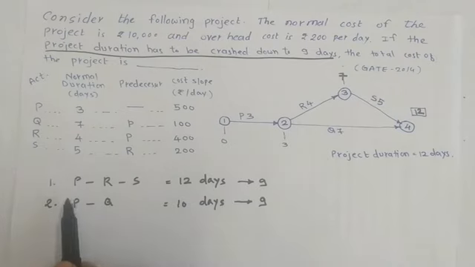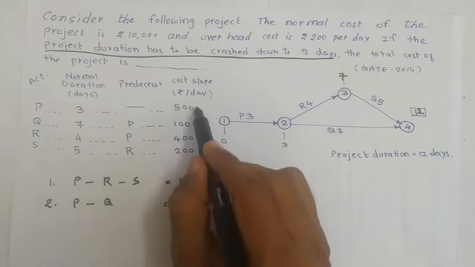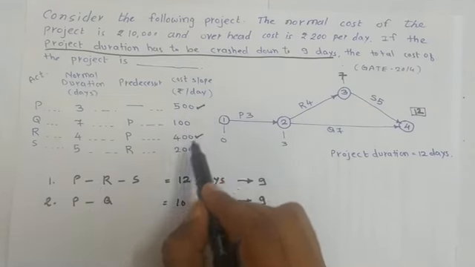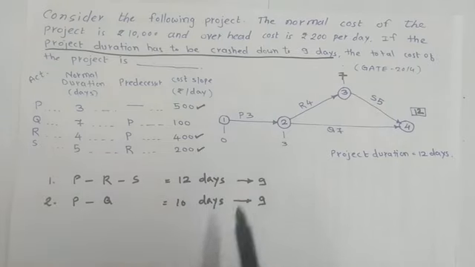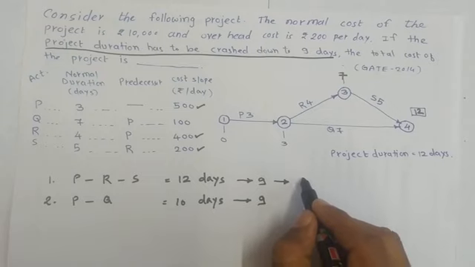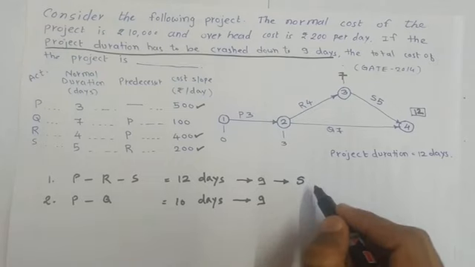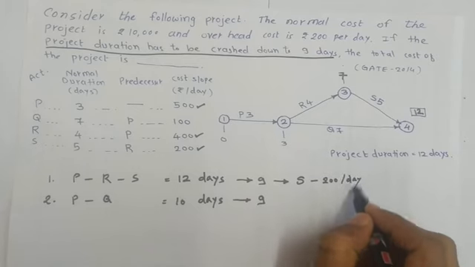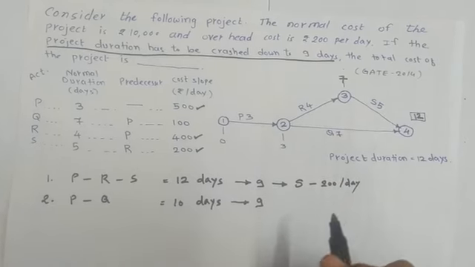So let's see the cost slope. For P the cost slope is 500 rupees, for R it is 400 rupees and for S it is 200 rupees. So in path PRS we can select activity S, whose cost slope is 200 rupees per day.